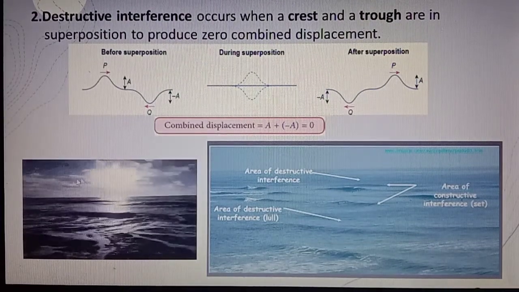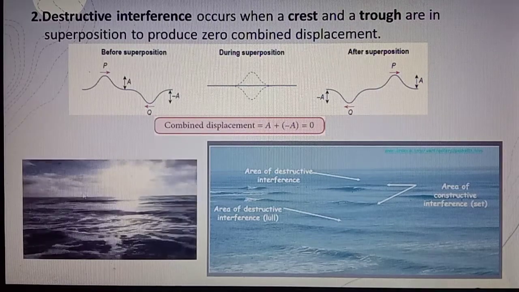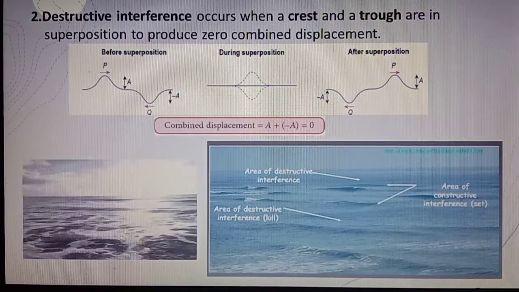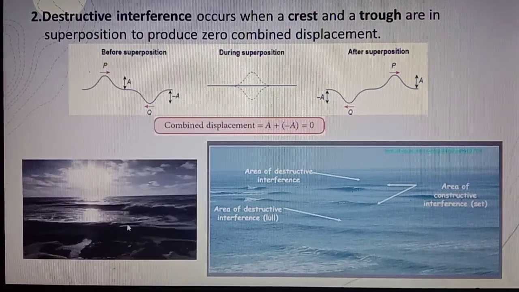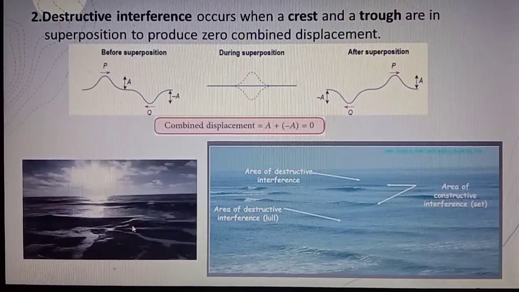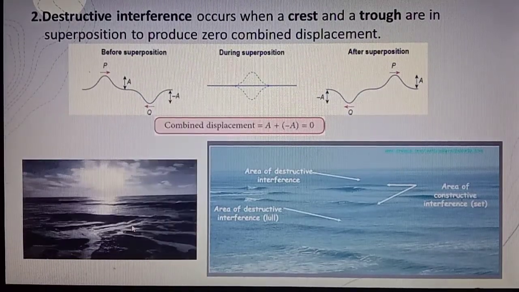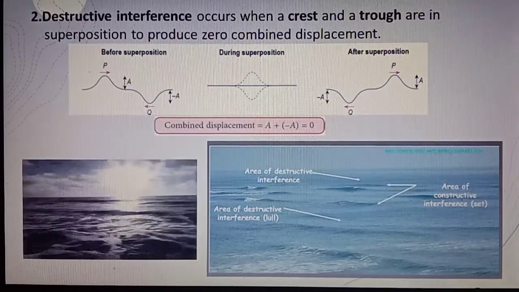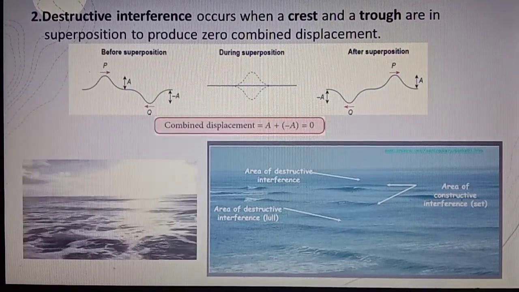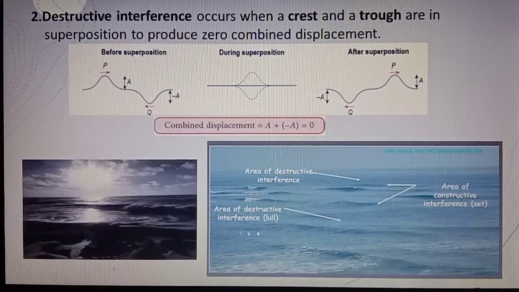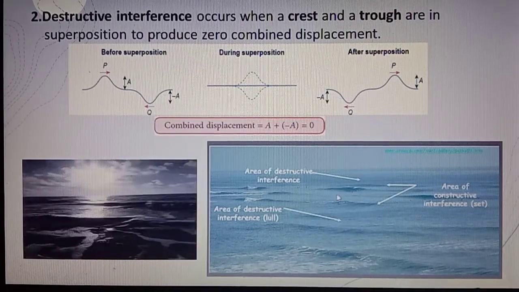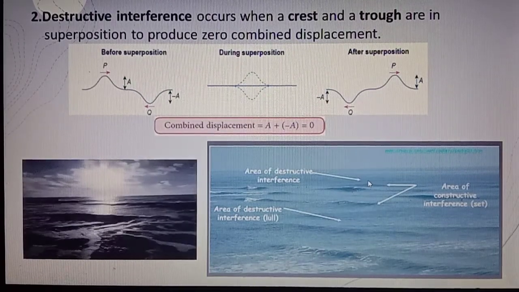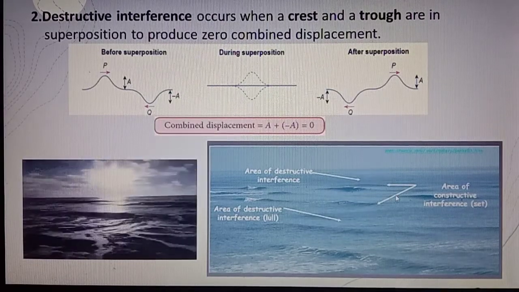If you look at the picture here or this video here, you can see interference occur. It can be caused by the wind that blows, or any other object that causes the interference to occur. This will create constructive and destructive interference, as you can see in this diagram. In the area of destructive, the surface of water becomes calmer.